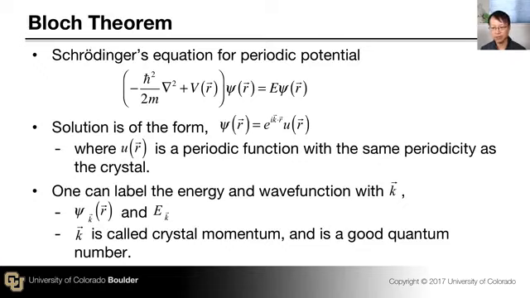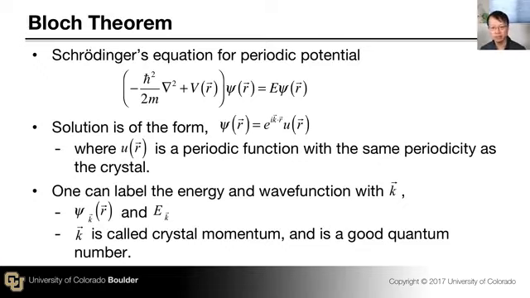It's a plane wave, and it has an amplitude which is given by this periodic function u. So it's a periodically modulated plane wave. If you're not familiar with optics and electromagnetics, that's okay. This is just a sine and cosine function with an envelope function which modulates its amplitude with a certain periodicity.